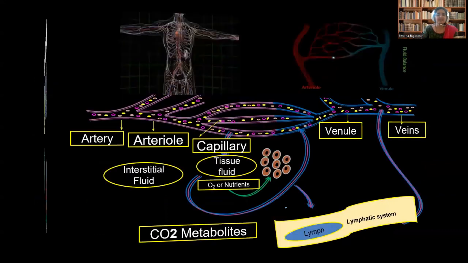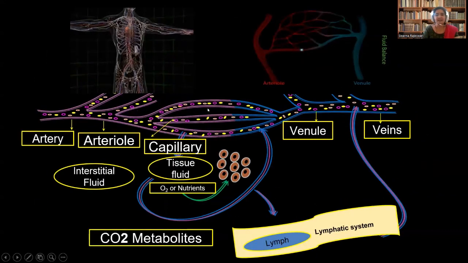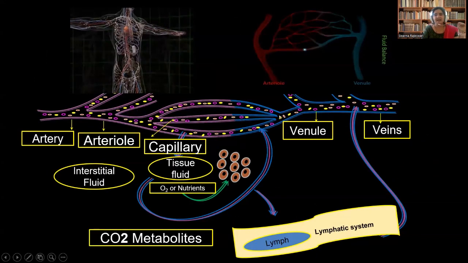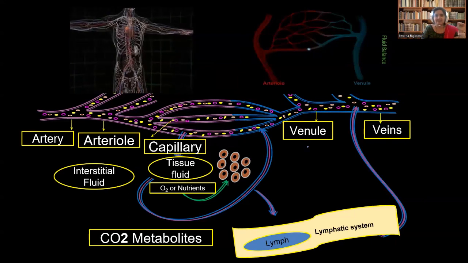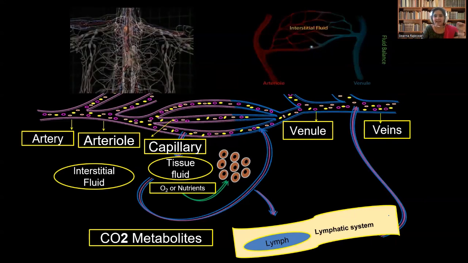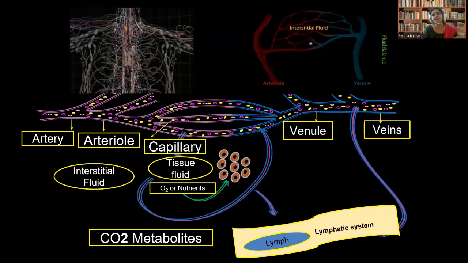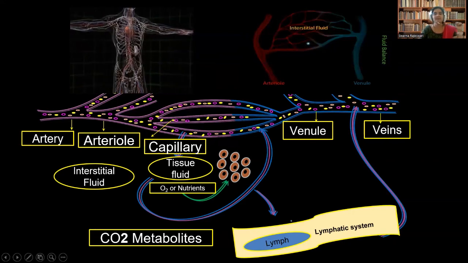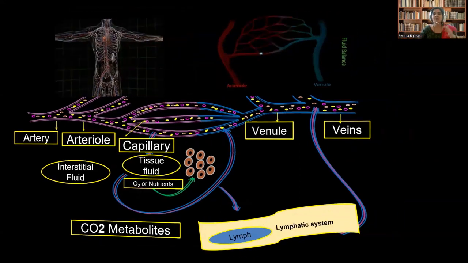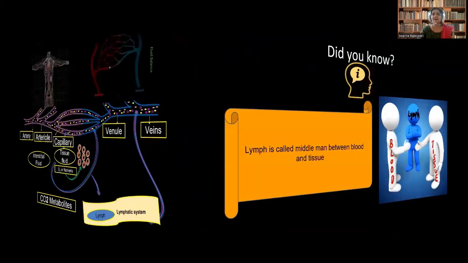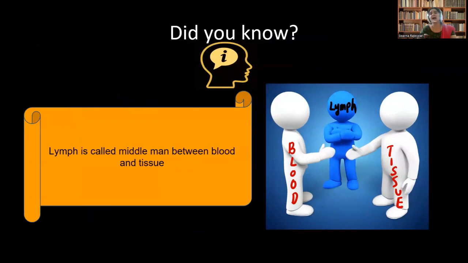See here, the blood is flowing, some of the cells will be oozing out, and they will be collected again in the lymphatic system, which we call lymph. It acts as a middleman between the blood and the tissue.